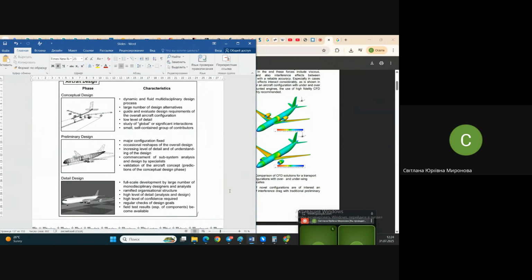And one important consideration of the power plant, once again, it should be enough for cruise flight with some little addition. But one more important consideration, if we're talking about the passenger airplane, is that it should consume as little fuel as possible.